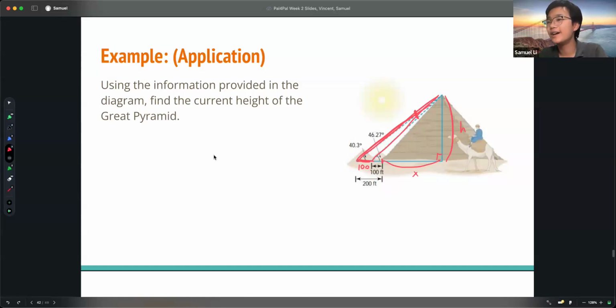All right. So now assuming you had a try at this question, I would first present the solution using this as x and this as h, and solving a system of two equations. If you consider this angle right here, we can use that the tangent of 46.27 degrees is equal to h over x plus 100.